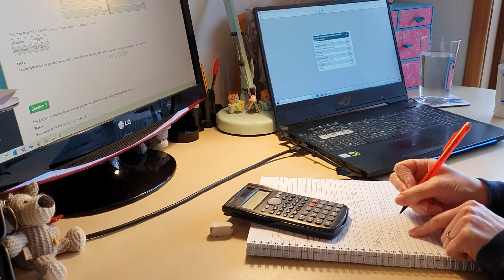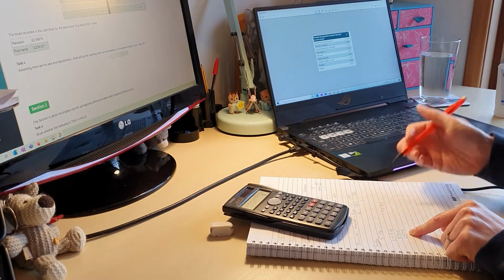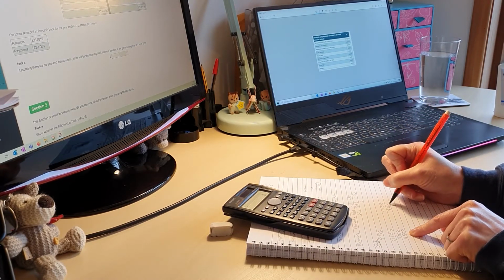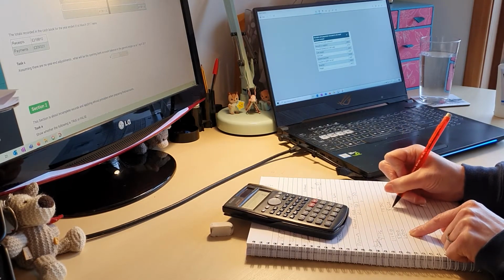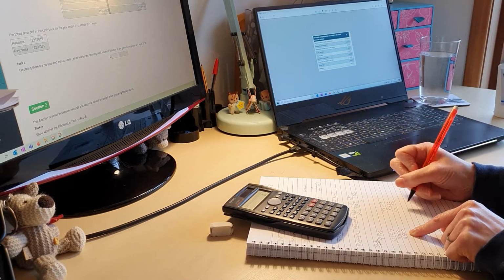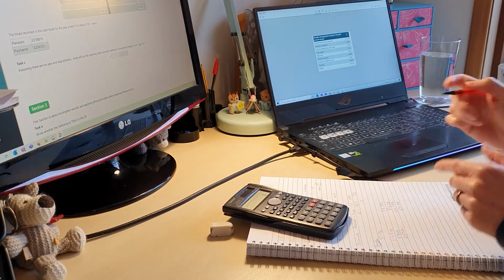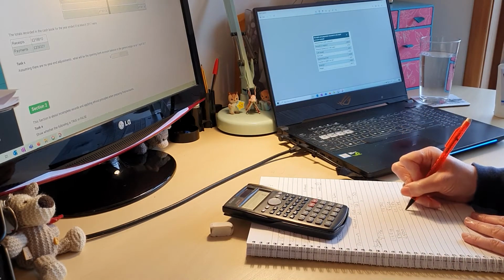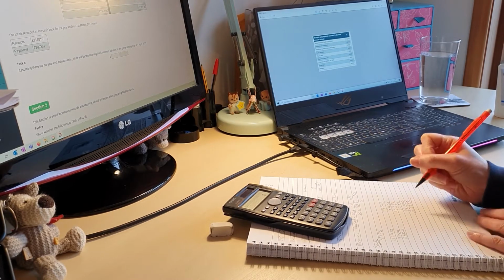A loan receipt, so we've received a loan. We've paid rent. We've paid general expenses. Payment to HMRC for VAT. Drawings, we've taken out 20,000 and wages 475.